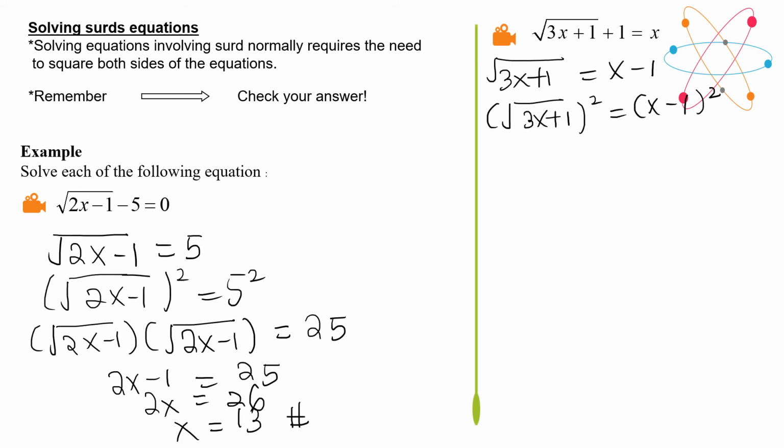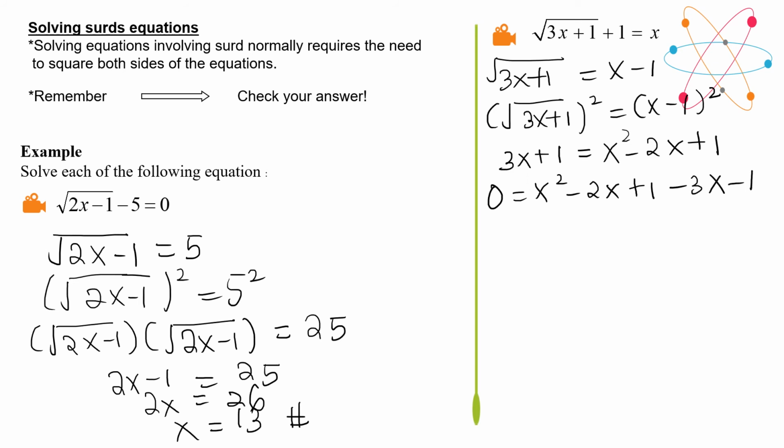Surd 3x plus 1 squared is 3x plus 1. For x minus 1 squared, expand carefully. Make it a quadratic equation. Simplify it. Factorize.